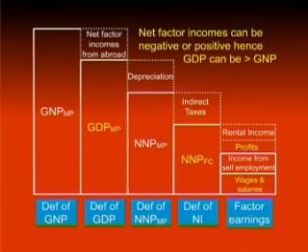In the final block, we simply have a summation of all the factor earnings or the factor costs or the value added by firms in producing the goods and services that we are talking about or valuing. And note that this is basically a summation of rental income, profits, income from self-employment, and wages and salary.